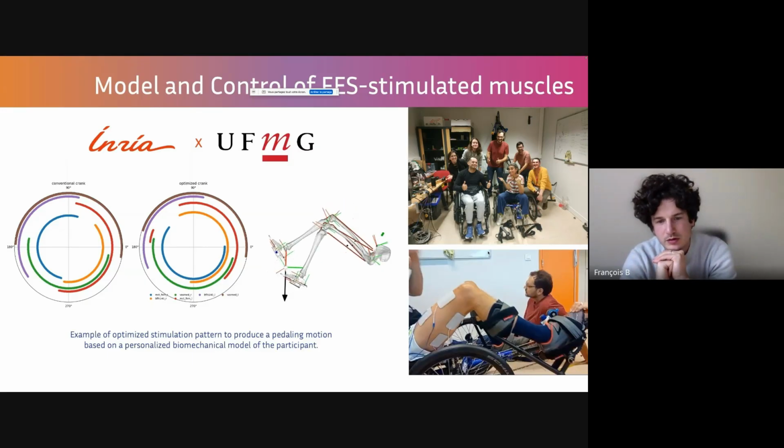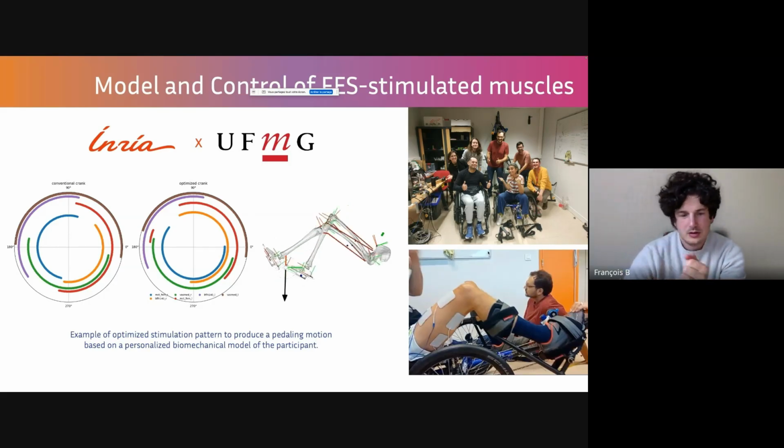And it was for us also a possibility to make some measurements on the pilot, and to try our first optimization algorithms to retrieve some optimal stimulation patterns from the biomechanical data that we are able to acquire. And you can see also Tiago here, the postdoc working on this project.